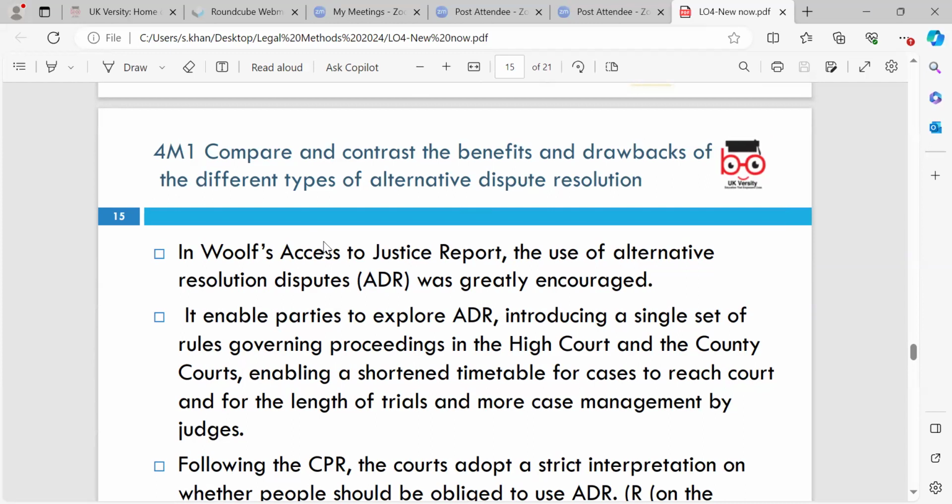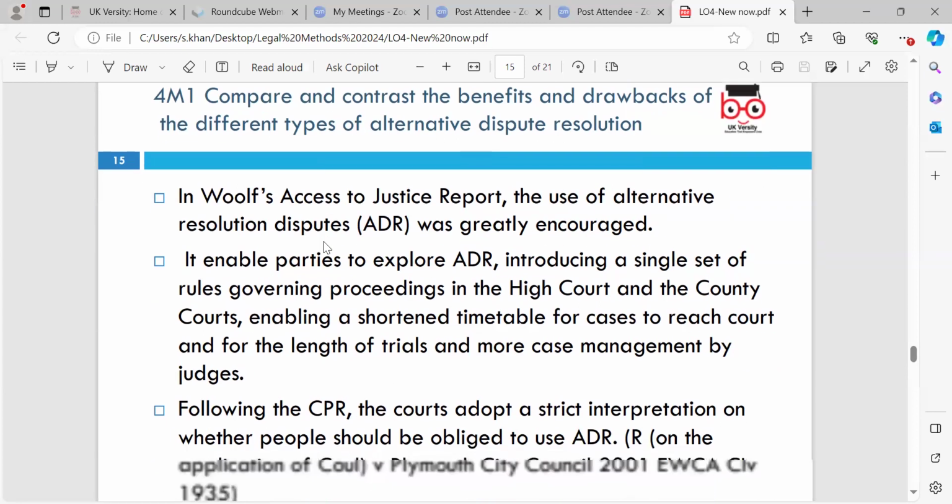It's an external dispute process where parties can settle disputes with the help of a third party. Things like mediation work well within certain scenarios, so it's quite widely used.